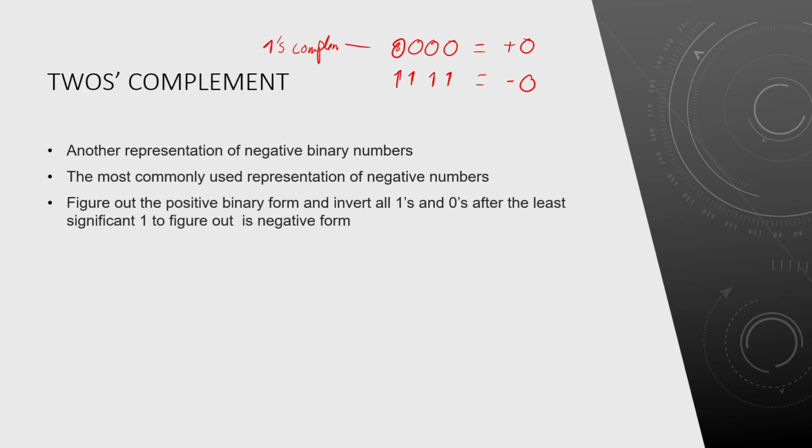So how do we figure out a negative binary number in two's complement? What we do is we figure out the positive binary form, then invert all the ones and zeros after the least significant one, and we keep the least significant one as 1.